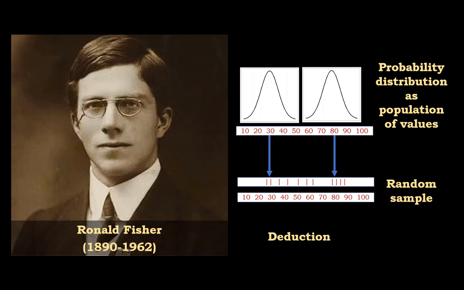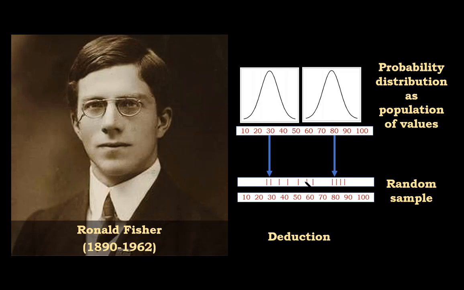Now, when we know that, we can make a deduction of what's the probability of observing a specific value. We assume that this distribution is how the values in the population are distributed, and what's the probability of observing these values here. These bars are where you collect data and you obtain these values. So this is the data.